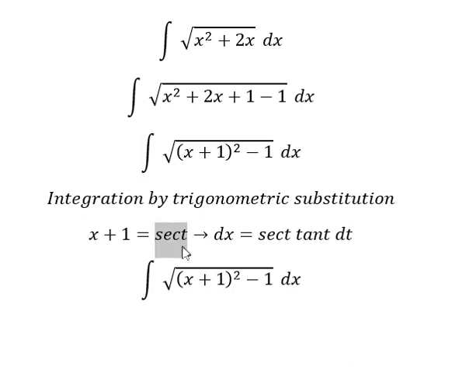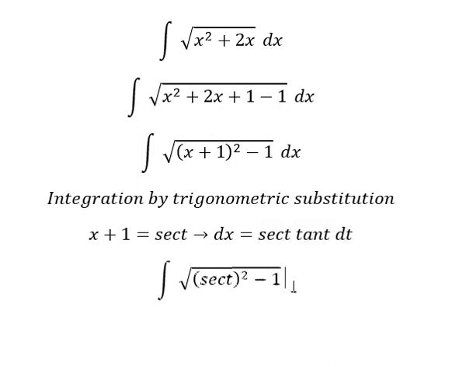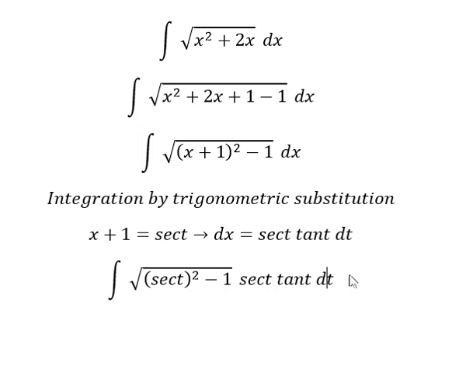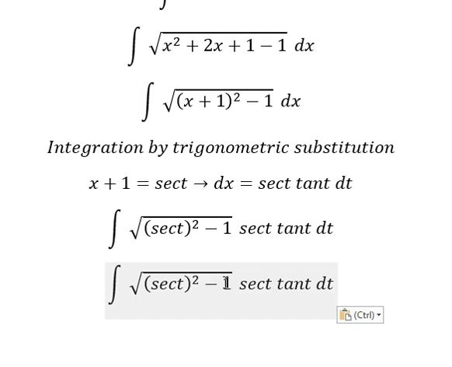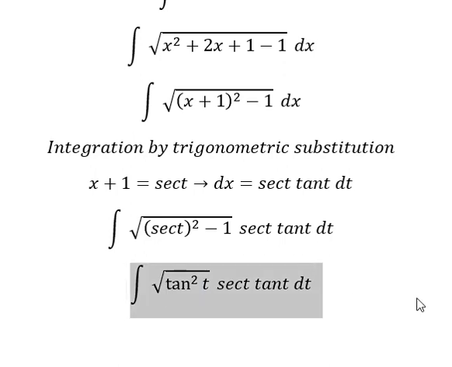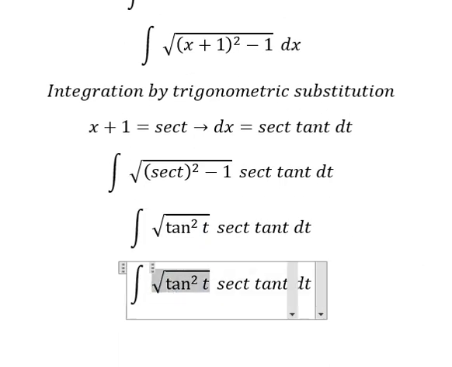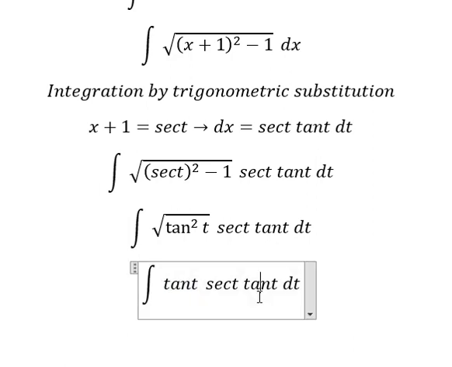So I will put this one here. The s is this one. This one is tan t square. The square root of tan t square is tan t. So tan t and tan t, we have tan t square.